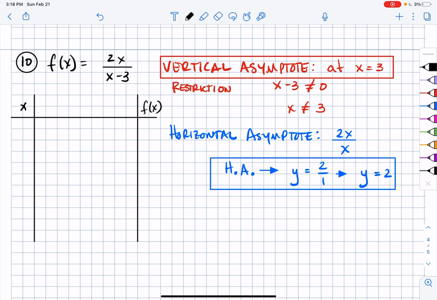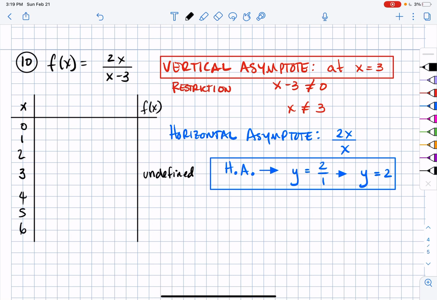I said that it can't be 3, so that's 3. Let's look at around it. What happens to the left of it and what happens to the right of it? To the left of it, I got 2, 1, 0. To the right of it, I got 4, 5, and 6.